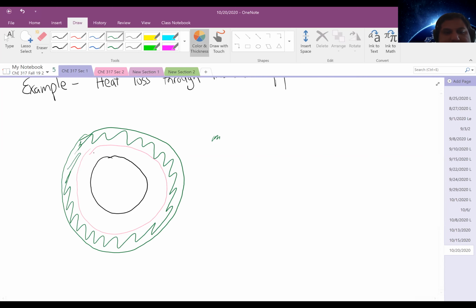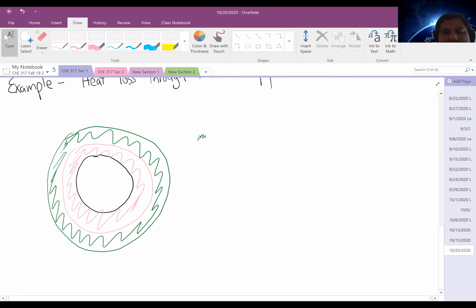I like to label these so you get an idea of what this looks like. This is the steel pipe, then we have our foam, and then we have our cork.